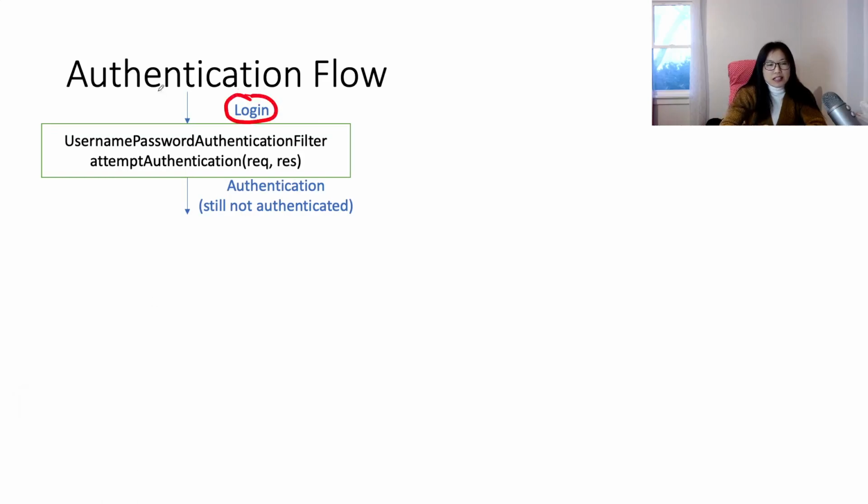This input is when a user in the browser types their username and password and clicks login. Okay, click this login button, and it's going to be the request. It's going to go to our first filter. The filter is called the UsernamePasswordAuthenticationFilter.